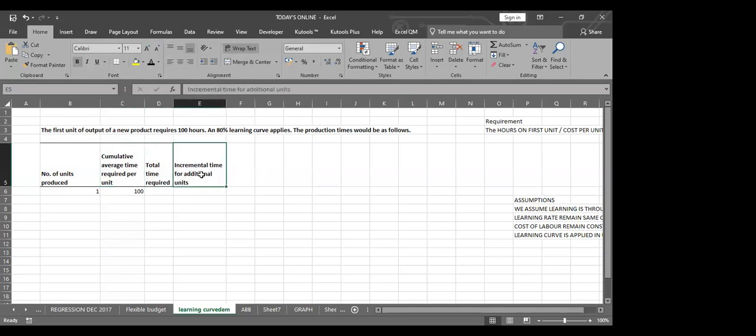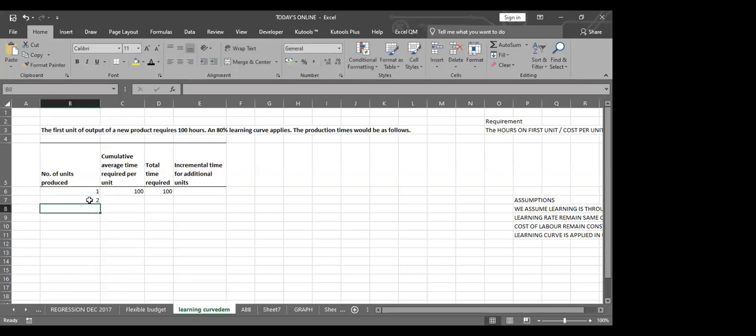And the incremental, the changes in between. So total time, of course, because this is average, meaning per unit, you multiply with that. Incremental is the changes. We'll deal with that later.